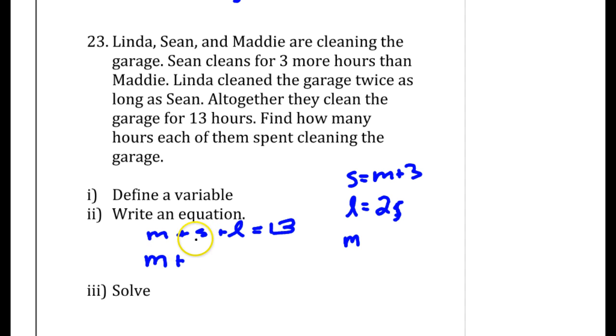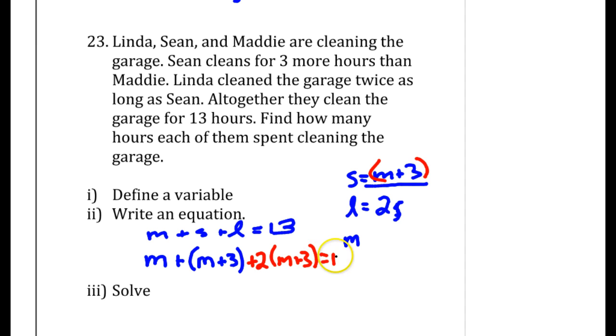Maddie, I don't know. Sean, S, was 3 more than Maddie. Okay, so you can see how I'm going to write everything using M. Okay. Linda was 2 times Sean. Now I don't want to put 2S. I want to use the fact that, well, S is M plus 3. So I'm going to put plus 2 times M plus 3.